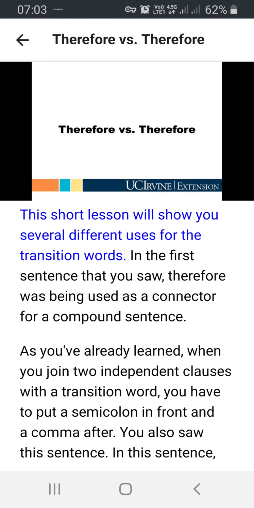This short lesson will show you several different uses for the transition words.